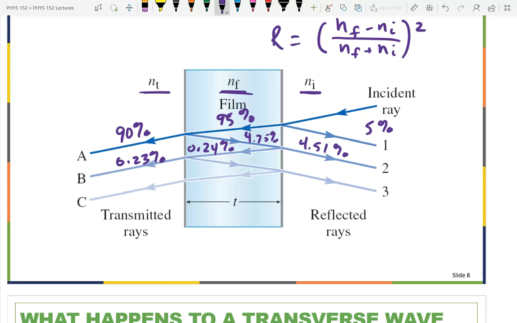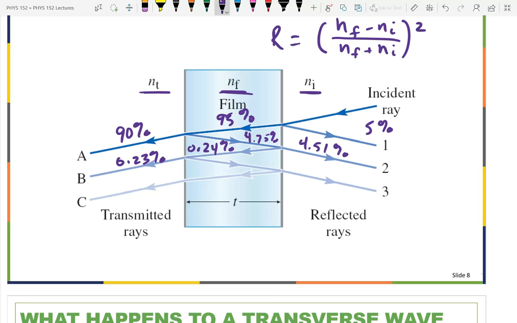Well, for the light that went through, you have 90% of your incident light versus a quarter of a percent, to be generous. You're not going to see much difference. The interference between those is going to be a very small amount because the second one is so small in intensity compared to the first one. But for the light that is reflected, the difference between 5% and 4.51% is not a very big difference.